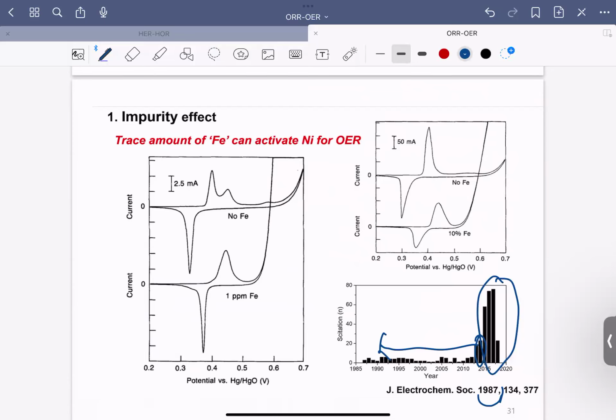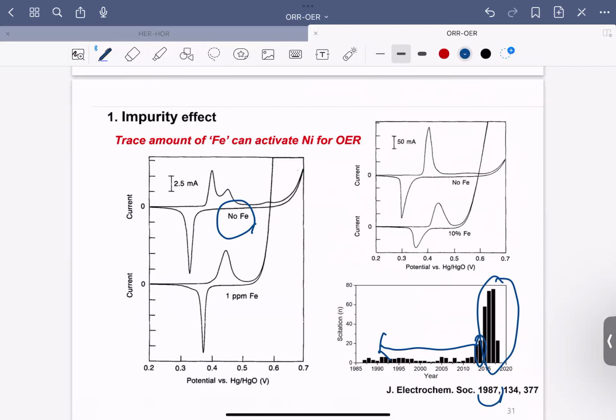But anyway, if we revisit the original paper once again, the feature is exactly the same as what we observed, right? If we control the iron in the electrolyte, for example, if we remove or control that impurity, the activity is negligible.